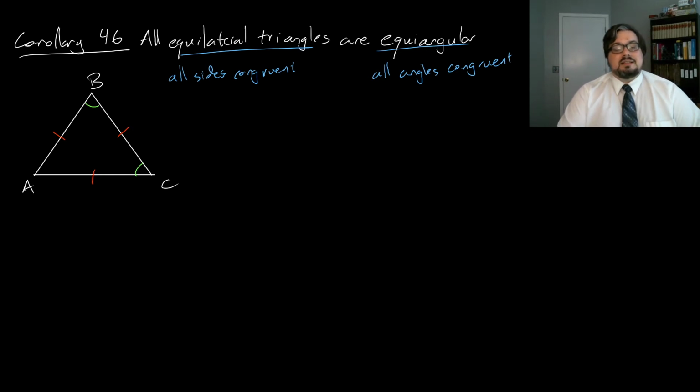But if I look at the side AB and then the side BC, those two sides are congruent also, and so the angles opposite them have to be congruent, which means that the angle at A has to be the same as the angle at C, and so that shows that all three of the angles are congruent to one another. So not too hard to see there.